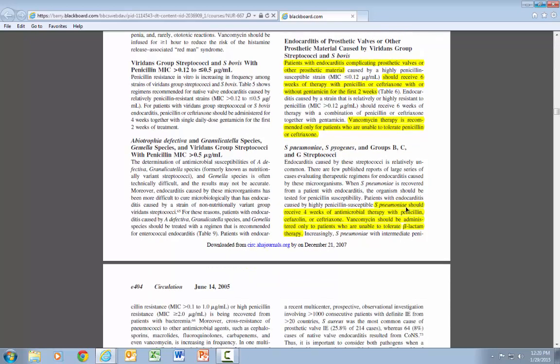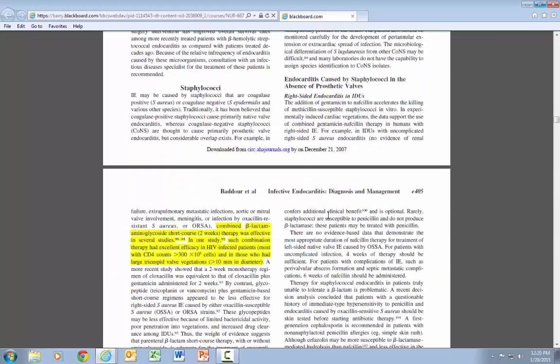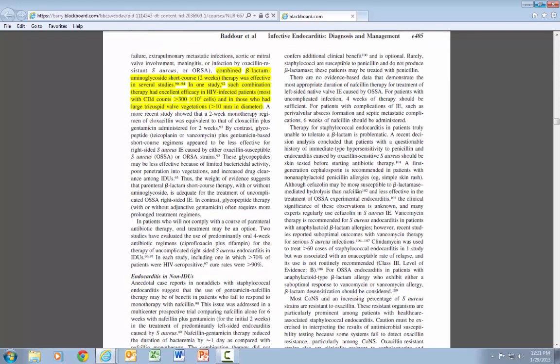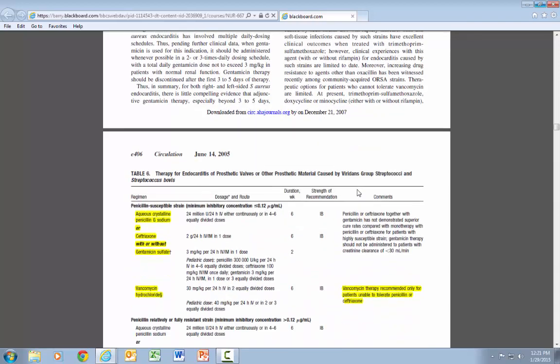If it's streptococcus pneumoniae, minimum 4 weeks of therapy of the same treatment already mentioned. You could also combine any beta-lactam with aminoglycosides, such as gentamicin, as previously stated, ceftriaxone plus genta, and even more if the patient is HIV positive when the CD4 counts are greater than 300. Otherwise, the treatment changes.